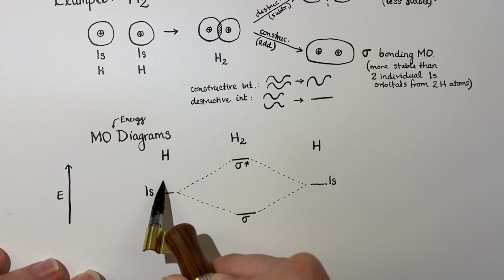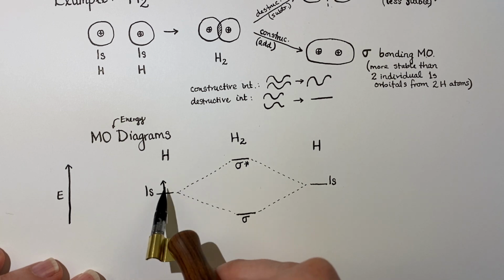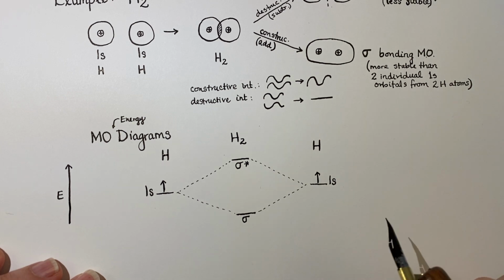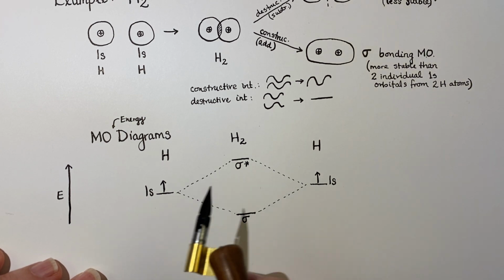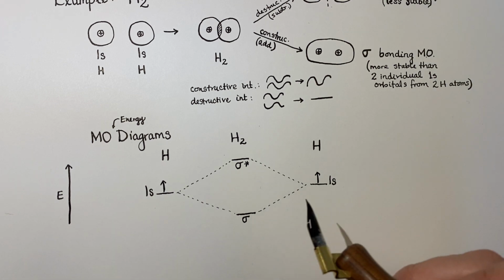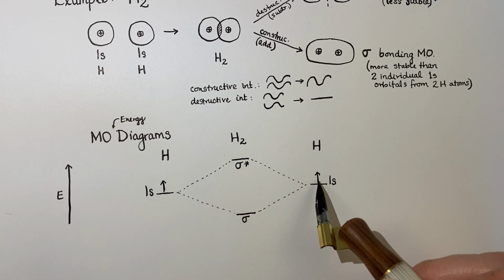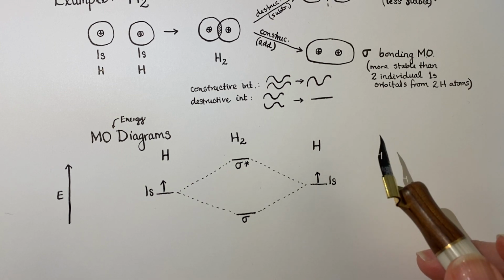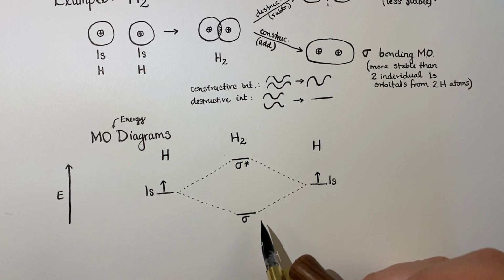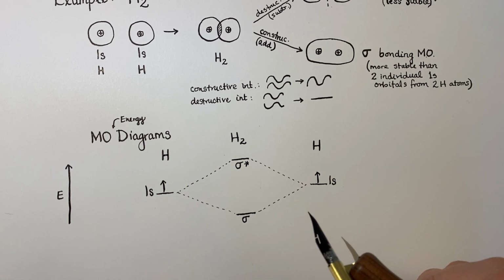So this is where we acknowledge this hydrogen atom has 1 electron, and this hydrogen atom has 1 electron. And now we take those electrons from the atoms and we dump them in. We don't worry that these are spin up. We're just worried about how many there are. And we put them into the molecule following the rules that we have learned from any of our orbital filling diagrams.